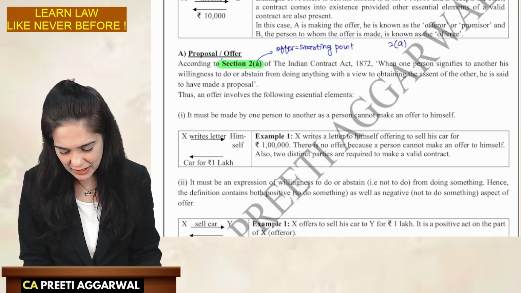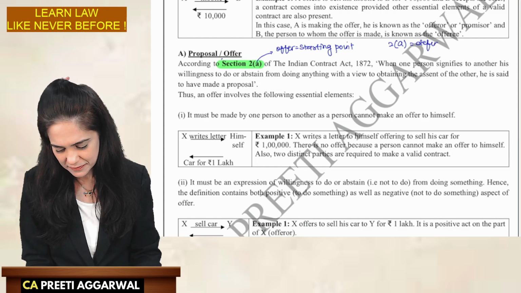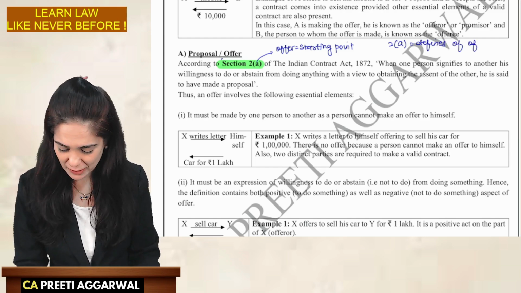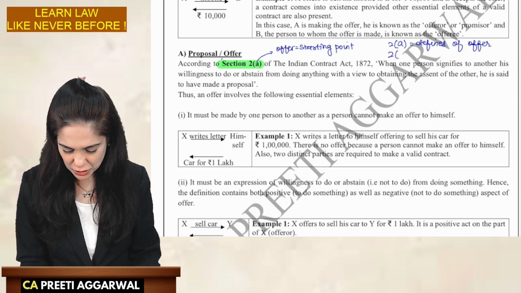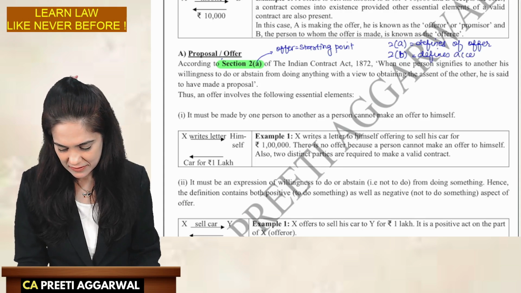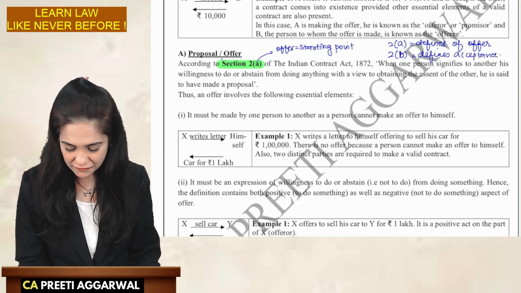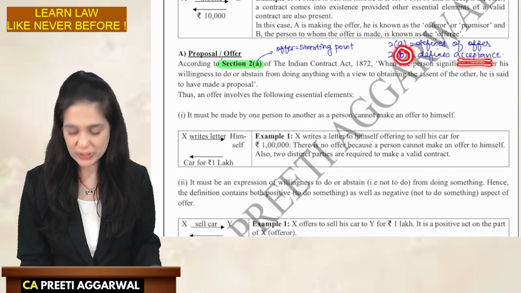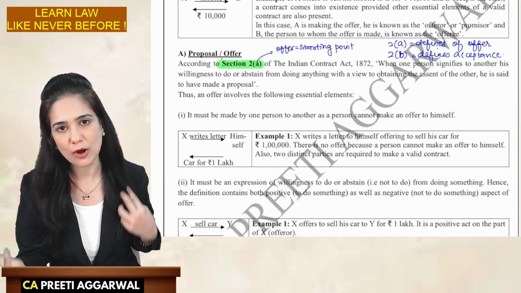Section 2A defines offer and section 2B defines acceptance. Again, easy to remember. So 2A defines offer and 2B defines acceptance. So it is easy to remember clause A and clause B.